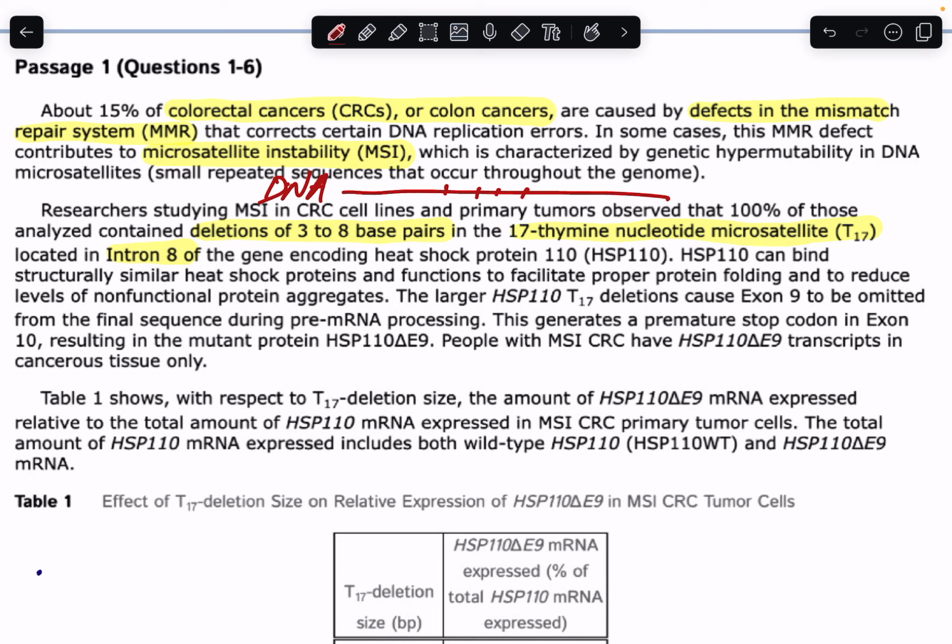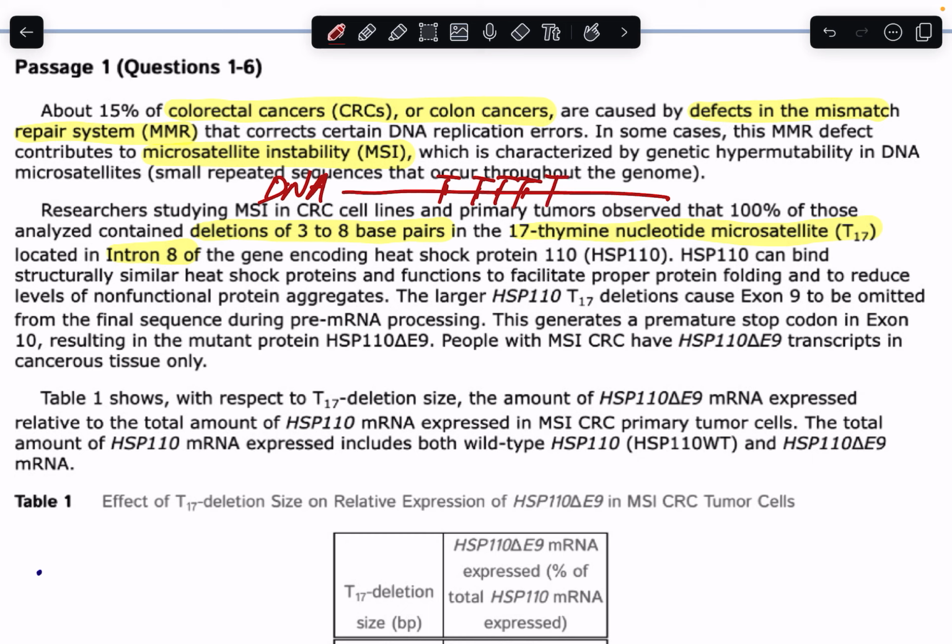These can be deleted. And they are in the 17-thymine nucleotide microsatellite, okay? We know microsatellite from the first paragraph, they're those small repeated sequences. In this case, it's the thymine that's being repeated. So those 3 to 8 base pairs can be maybe three thymines or 4 or 5 or 8, right? I don't know, 3 to 8, okay? So these can be deleted.